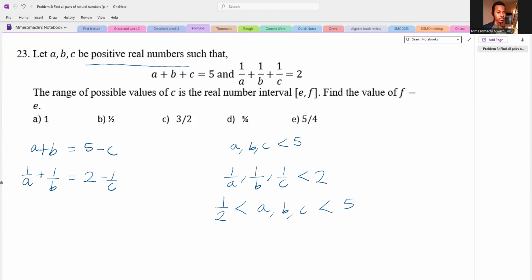So now the idea is that we're going to treat C as a constant and see what values of this constant produce possible real values for A and B. I'm going to solve it like a simultaneous equation.